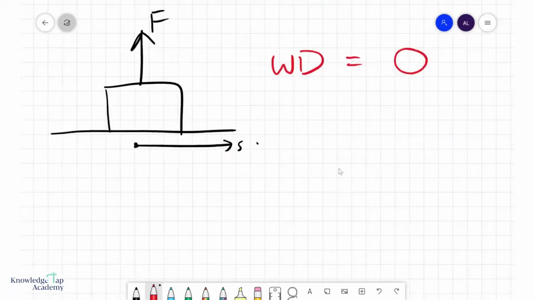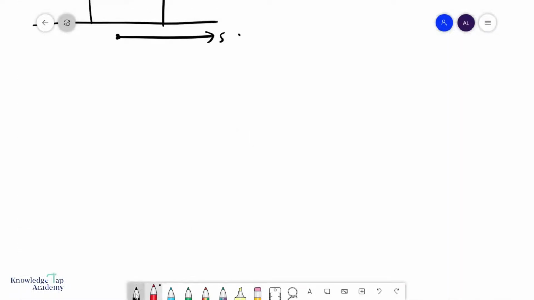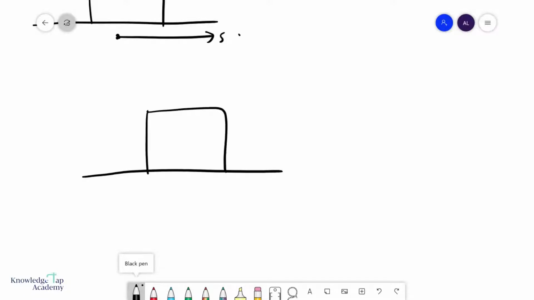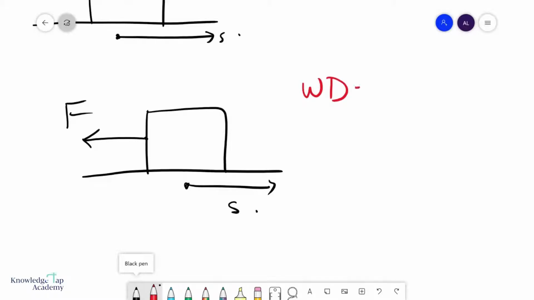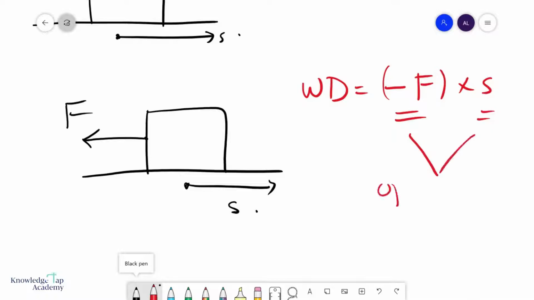There is also another interesting example, and that is, what if the force is applied this way, but your displacement is that way? In which case, we can say that the work done is negative F times S. And so you get a negative work done if your force and the distance moved are in opposite directions.